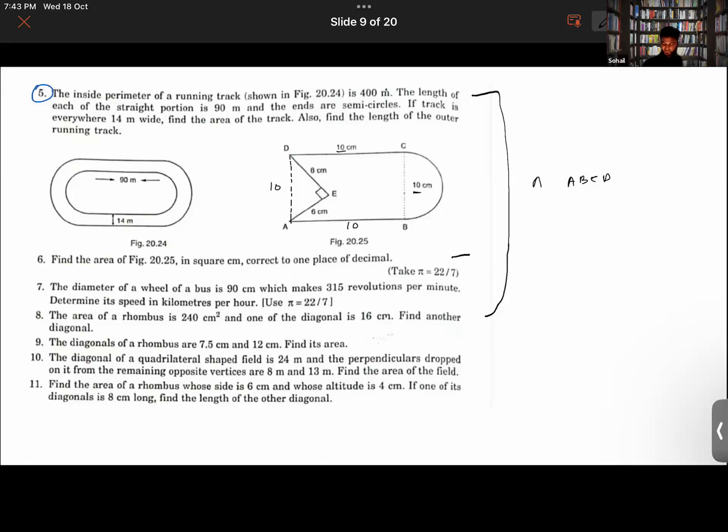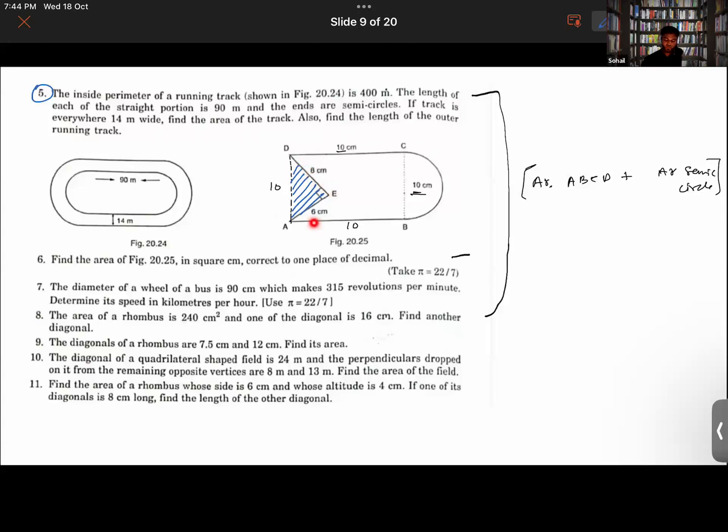So you will find the area, which means area of ABCD plus area of this semicircle. But then you will have to subtract this area from the total area also. Isn't this a right angle triangle over here? Yes, that is a right angle triangle.